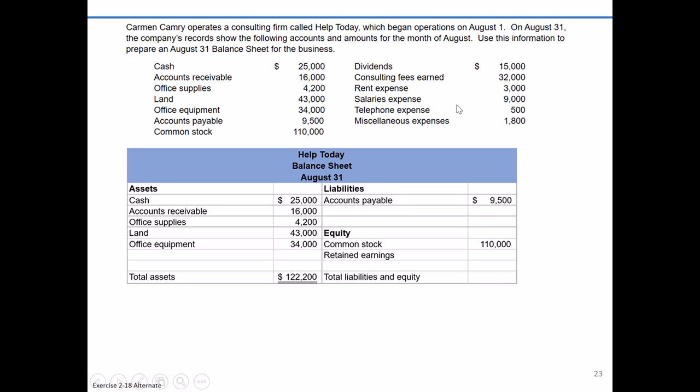You may be looking at this and saying, well, I don't see any retained earnings, so I guess this dollar amount should be zero. But if I make this zero, $119,500 does not equal $122,200. So I've got a problem: my owners' and creditors' claims don't add up to equal my assets.